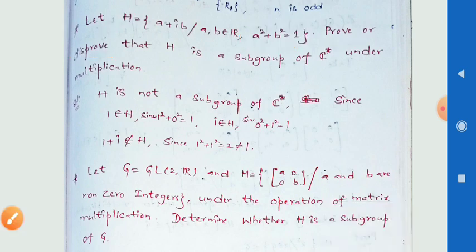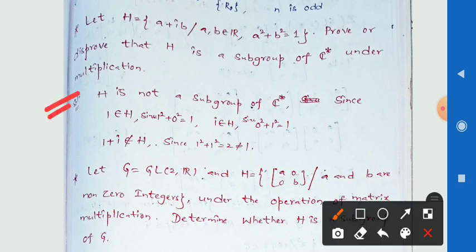For this I am taking two conditions. In multiplication, I am taking H is not a subgroup of C star, since 1 belongs to H. This 1 belongs to H means this condition a square plus b square is equal to 1.